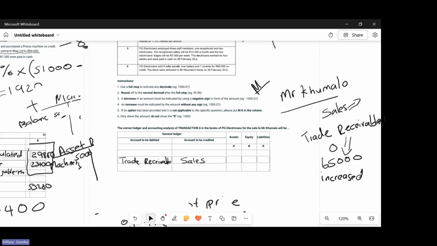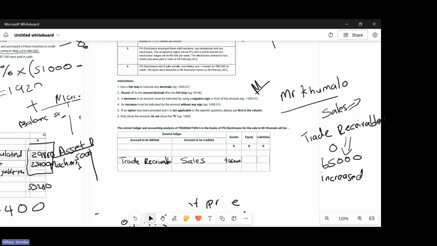So if it increased, which means on assets, we will record plus 65,000. Do we all agree? Okay. So now our assets is increased by 65,000.